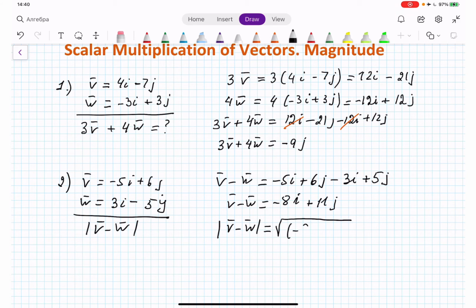So we have negative 8 squared plus 11 squared. That is going to be 64 plus 121, and the answer, the magnitude of the difference between two vectors, is going to be square root of 185.